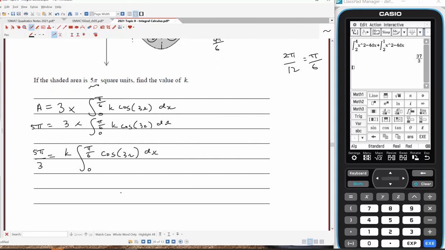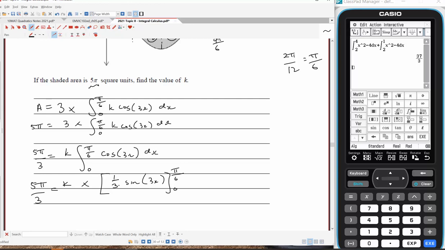So I've got my formula sheet here, and I'm looking at the integration of cosine. I can see here that when I integrate cosine I get positive sine, so it's going to be 5 pi on 3 equals k times square brackets, 1 over 3 sine 3x, and the terminals are pi on 6 and 0.